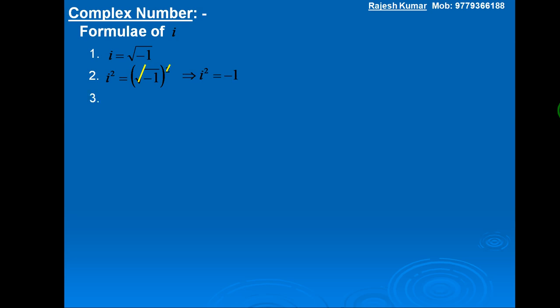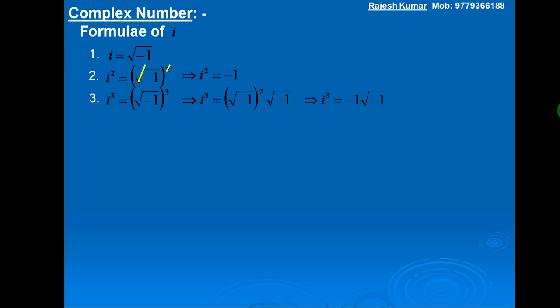Now third one, iota cube is equal to cube of square root of minus 1. This implies iota cube is equal to square of square root of minus 1 into square root of minus 1.